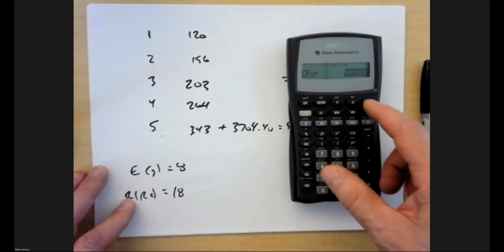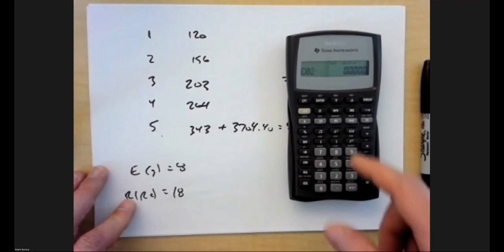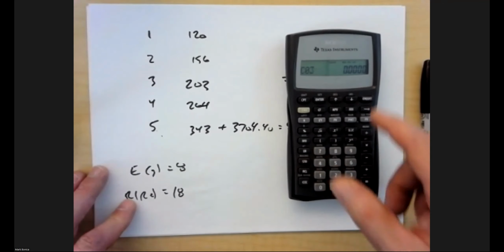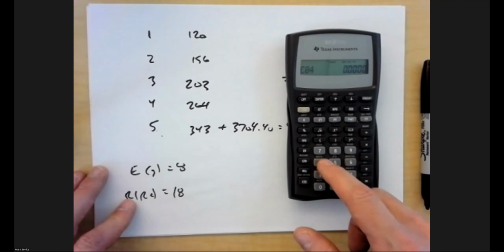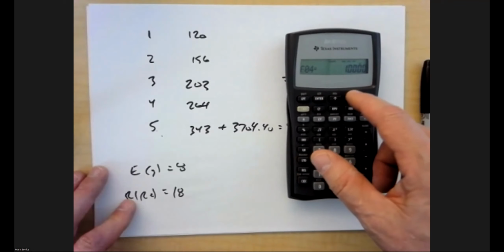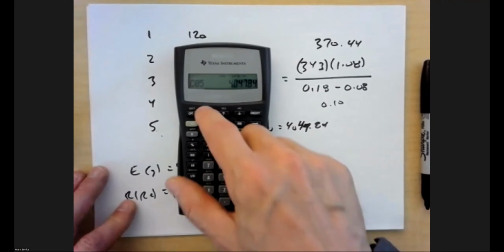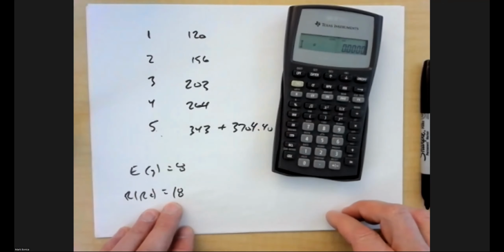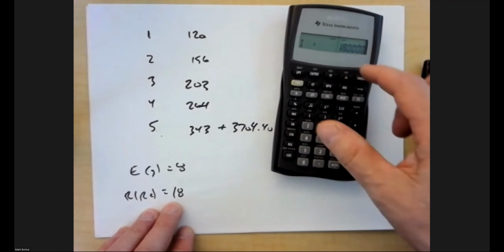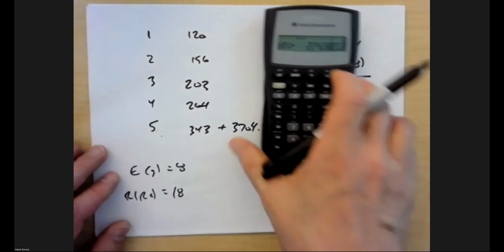And you could say cash flow 0 is 0, 1 is 120, 2 is 156, 3 is 203, 4 is 264, and 5 is 4047.84. And then you go to NPV, and we're going to use the required rate of return on equity. That's 18. Compute, and you get 2242.80.